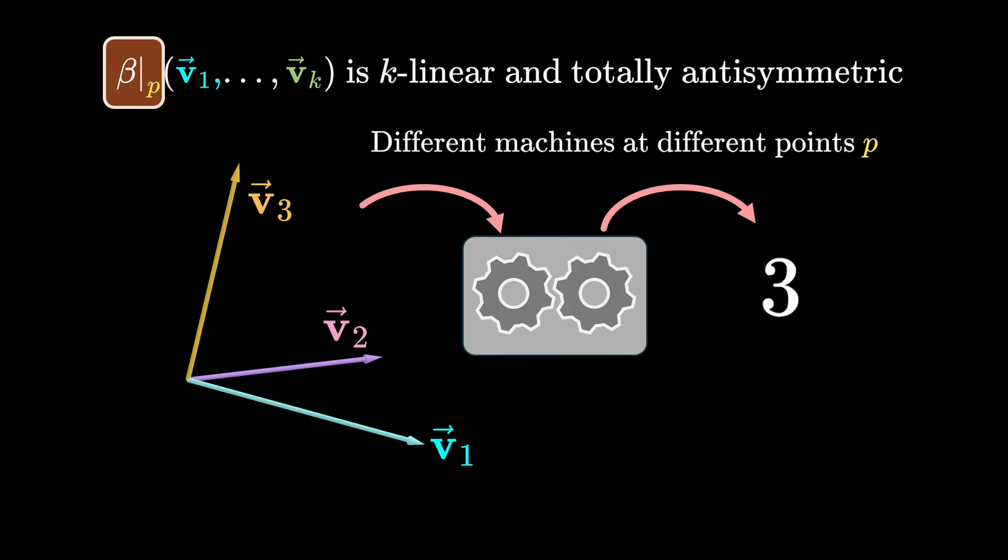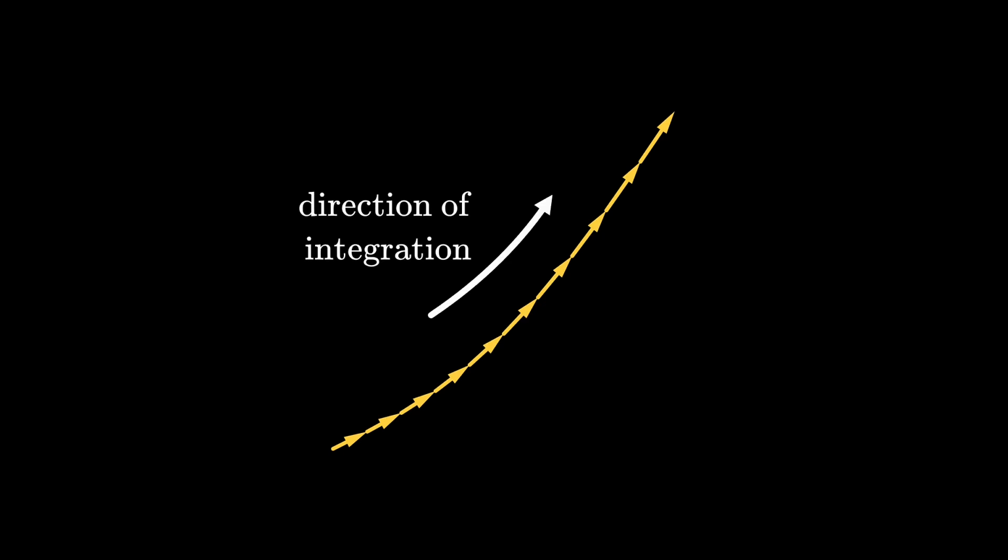Using this understanding of differential forms, a line integral can be thought of as, first, separate this curve into many tiny segments. But now, each segment is a vector, all pointing along the direction of integration. Then we apply the machines at different points to the tiny vectors, but remember that these machines are different at different points.